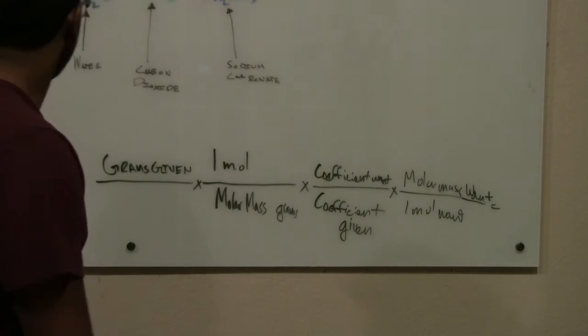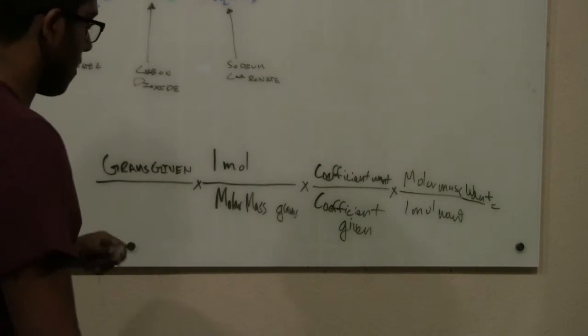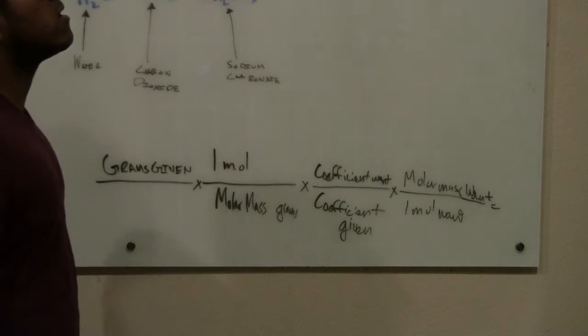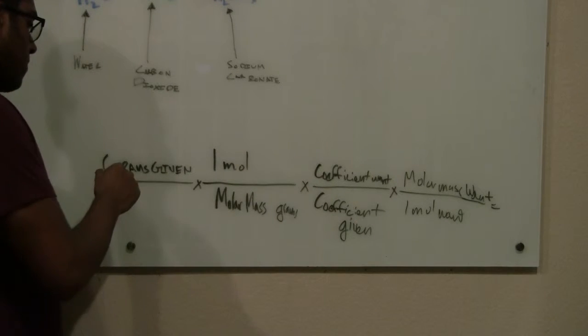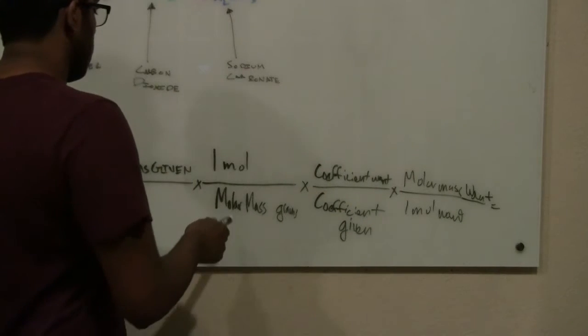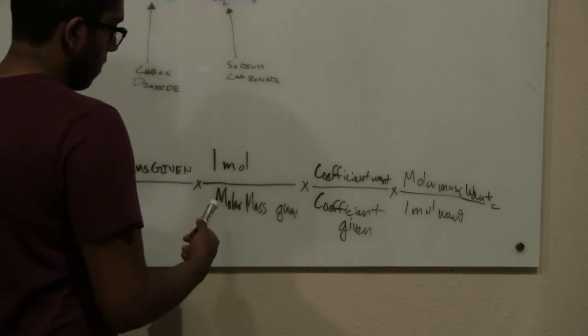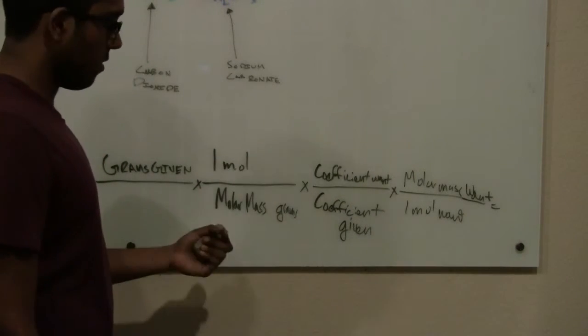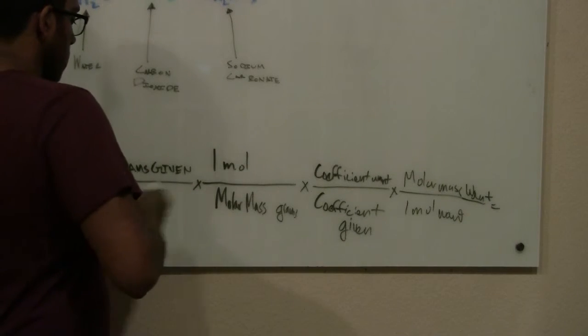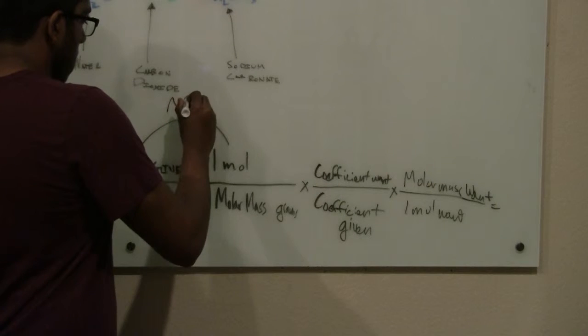So to find the limiting reactant, you have to find the grams that each reactant produced of the product. So basically, first you get the grams given, which is usually what you get, and then you multiply it by the 1 mole divided by molar mass of what you're given. Basically, all this does is give you the number of moles that you want.